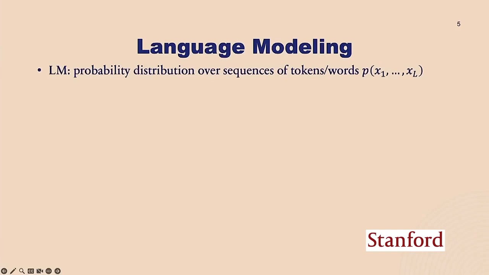Language models at a high level are simply models of a probability distribution over sequences of tokens or words. So it's basically some model of P(X1, ..., XL), where X1 is word 1 and XL is the last word in the sequence or sentence.